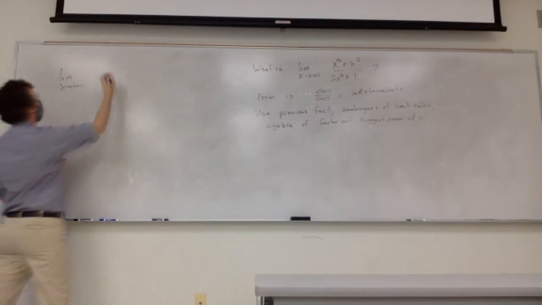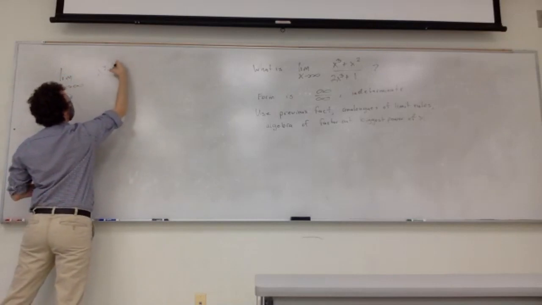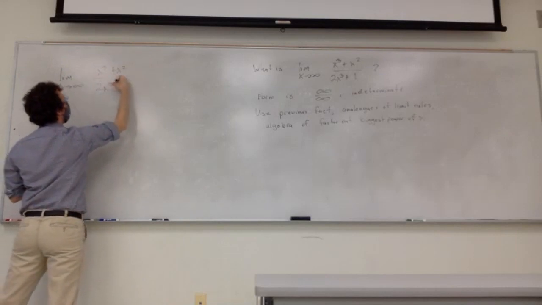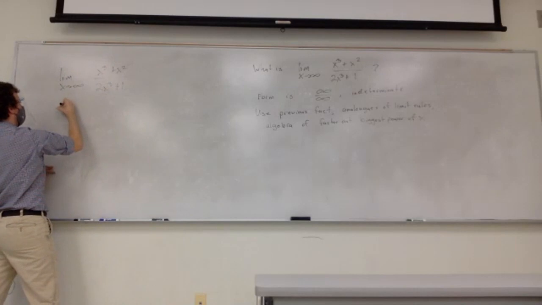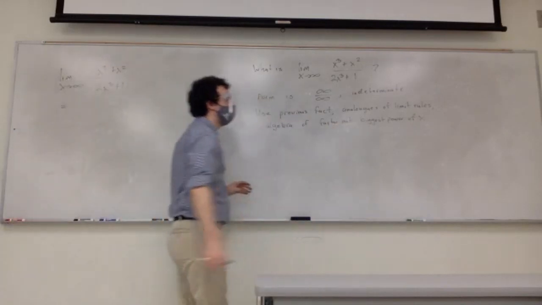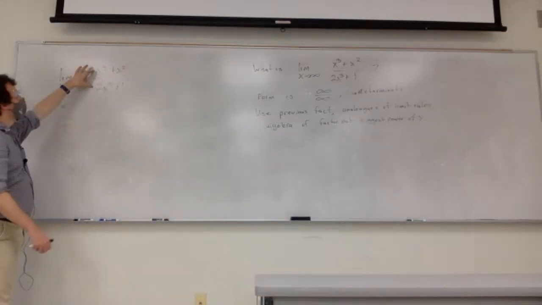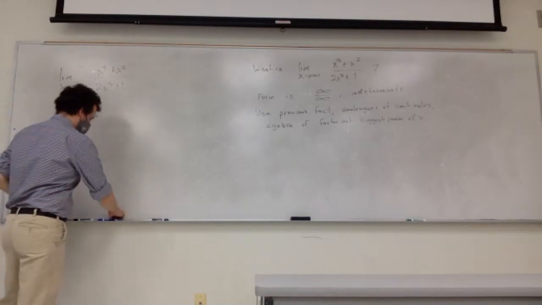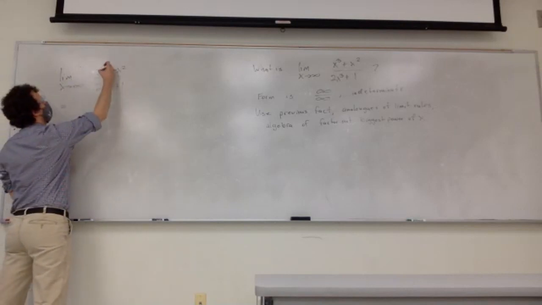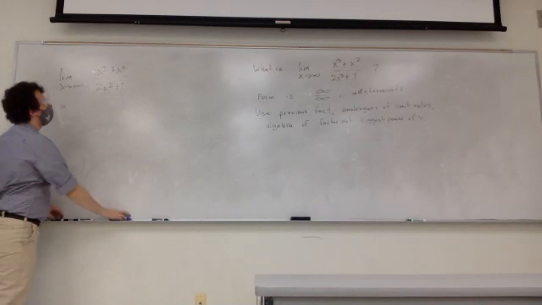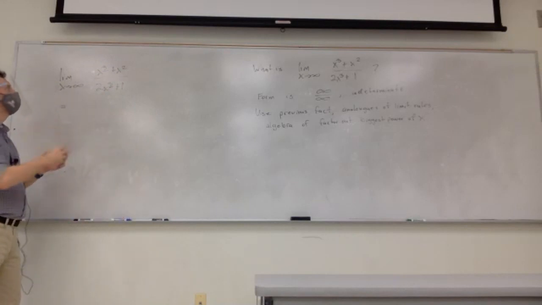So the limit as x goes to infinity of x cubed plus x squared over 2x cubed plus 1. So we'll start with factoring out the biggest power of x. In the top and bottom separately, the biggest thing is this x cubed. What happens if you factor an x cubed out of the top and bottom?